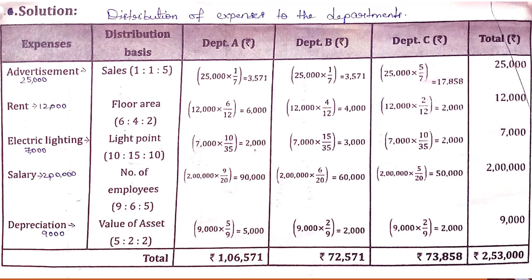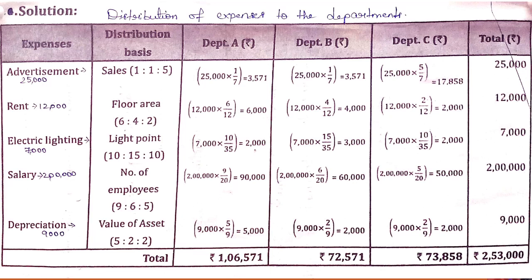First, advertisement 25,000. In which ratio are you going to distribute this 25,000? Sales ratio, 1:1:5. So 25,000 into 1 by 7, 1 by 7 and 5 by 7. For department A, 25,000 into 1 by 7, you will get 3,571.